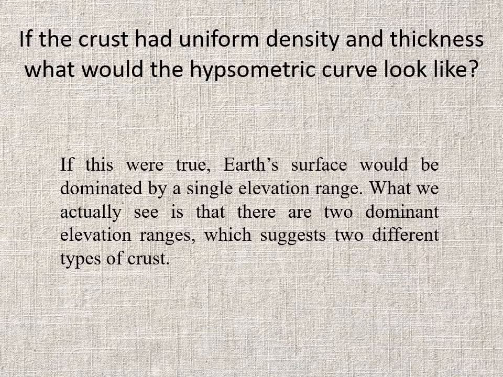Then, like the other celestial bodies, earth's surface will also show a single elevation in the hypsometric curve. As the entire earth is made up of the same material, the elevation difference does not differ much from one place to another.